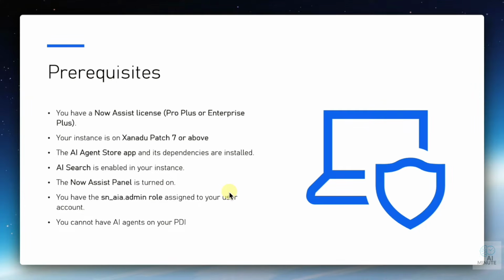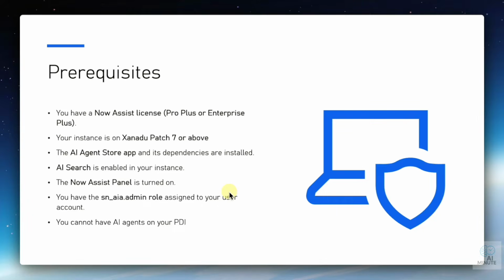Your instance should be at Xanadu patch 7 or later. The AI Agent Store app and its dependencies should be installed. AI Search is enabled, the Now Assist panel is turned on, and the assign_aia.admin role is assigned to your account. And please note, you cannot have AI agents on your PDI.